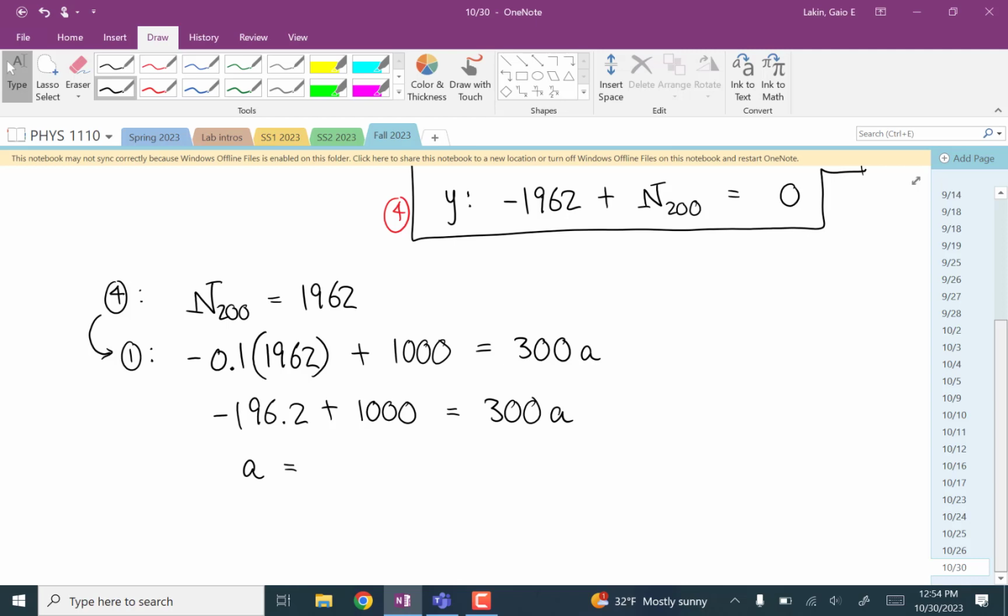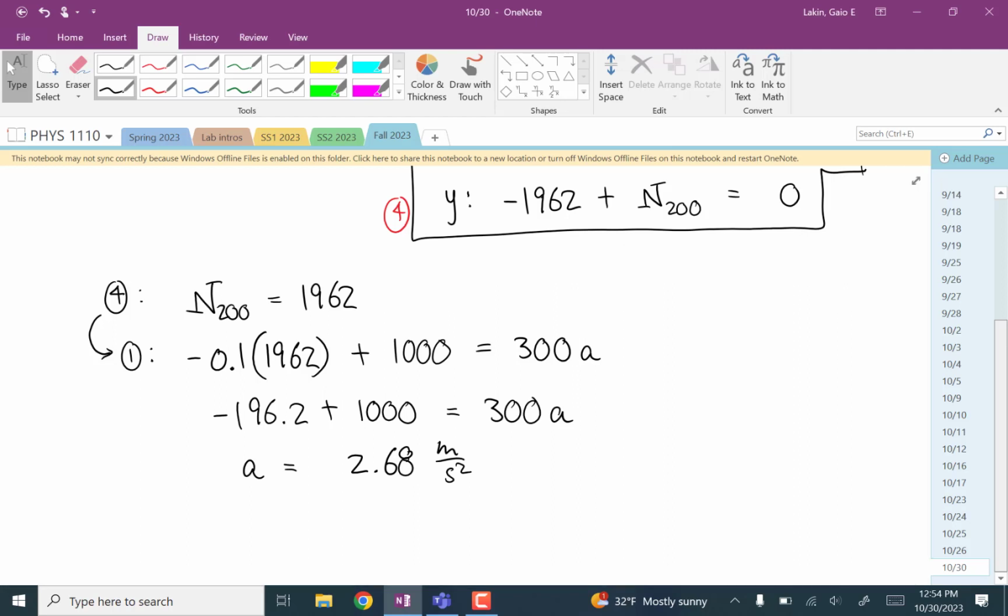So you get that the acceleration is 2.68 meters per second squared.